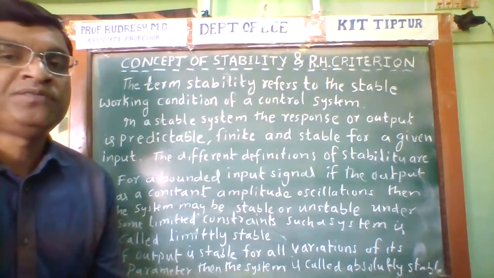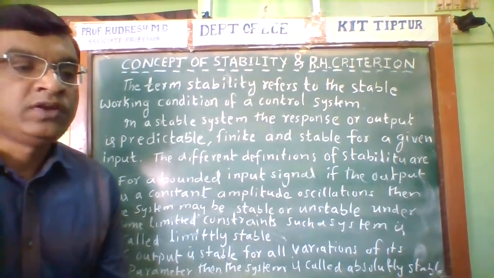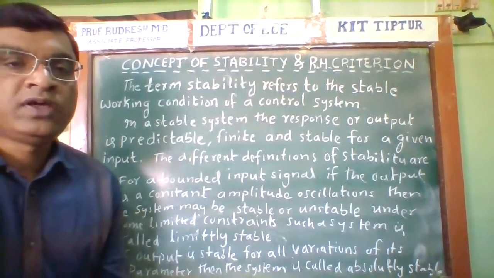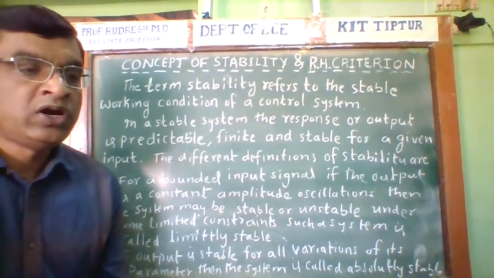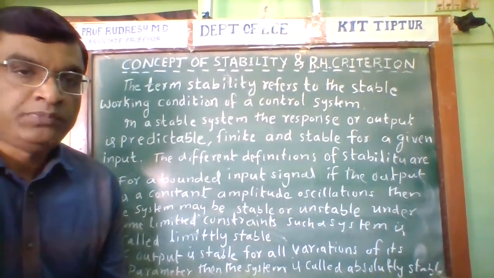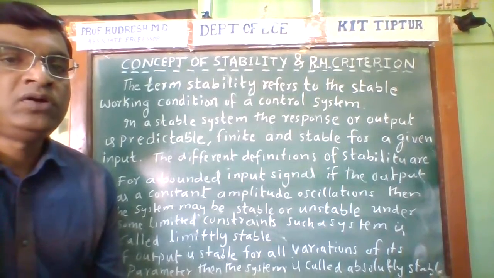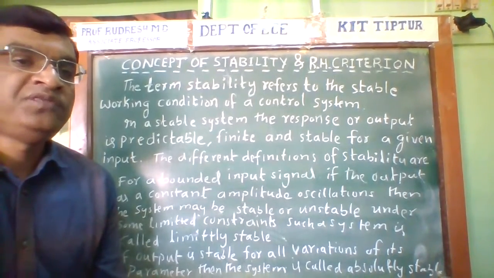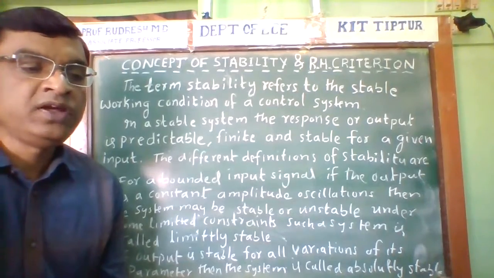The term stability refers to the stable working condition of the control system. In a stable system, the output is bounded for a bounded input. A system is asymptotically stable if, in the absence of input, the output tends to zero. That is another definition of the stability of the control system.